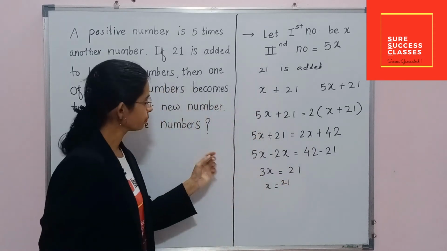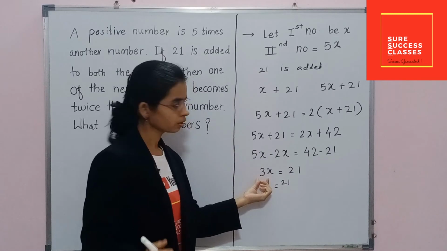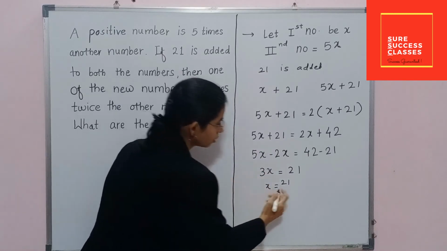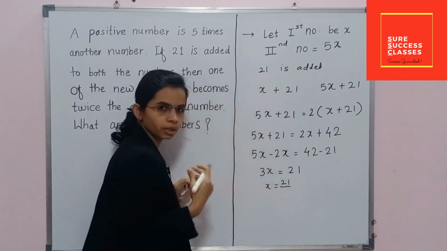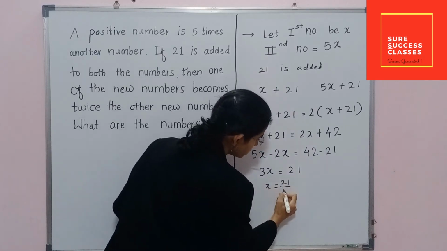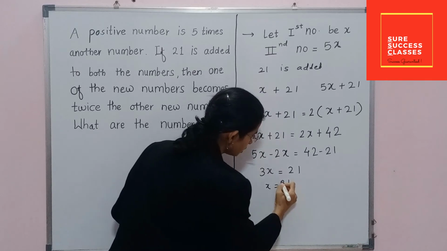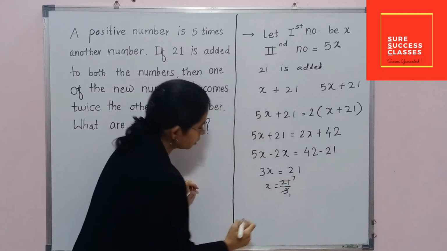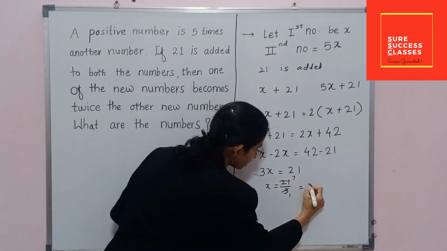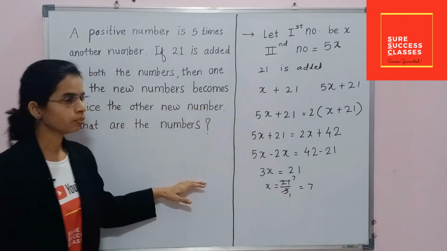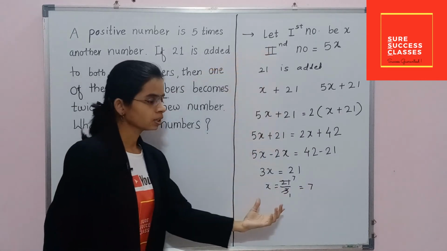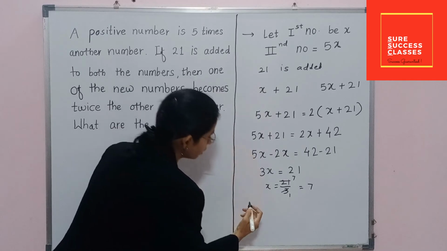Here again there is no sign, means there is multiplication. We will write its multiplicative inverse, that is divided by 3. 3 1s are 3, 3 7s are 21. So x is equal to 7, means our first number is 7. We will find out the second number.